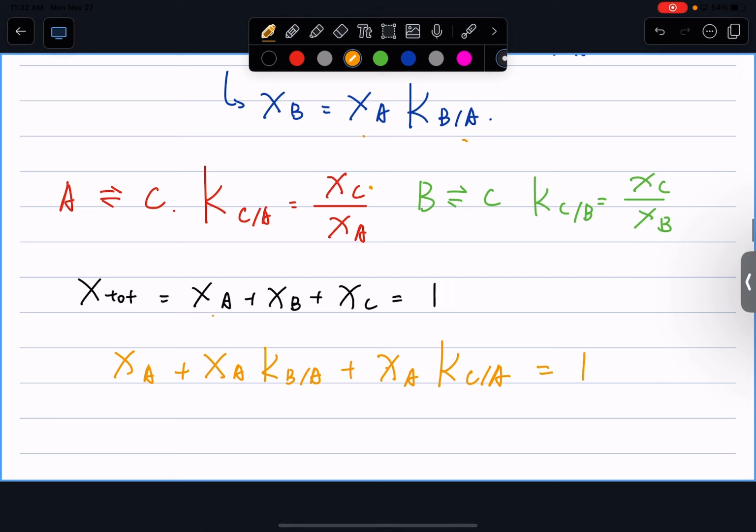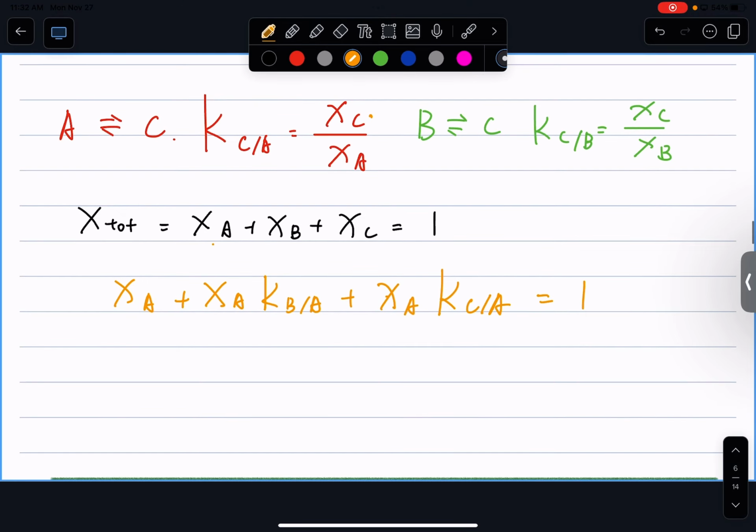And this adds up to be 1. If you take that mole fraction out, the expression we end up having is chi A equals 1 over 1 plus K BA plus K CA.